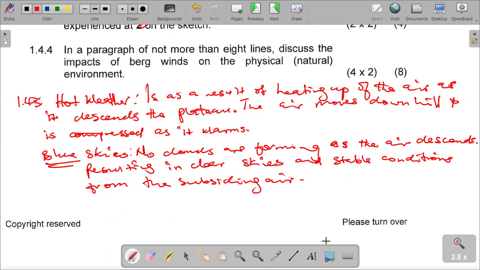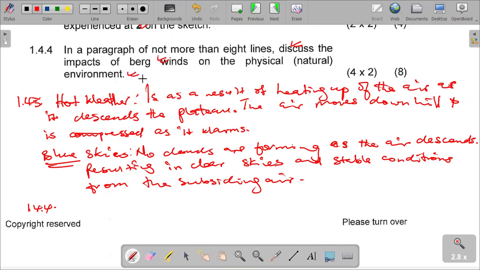Question 1.4.4. In a paragraph of not more than 8 lines, discuss the impact of berg winds on the physical natural environment.